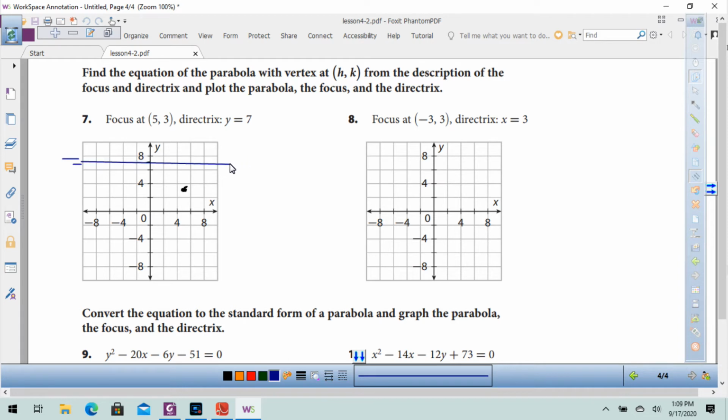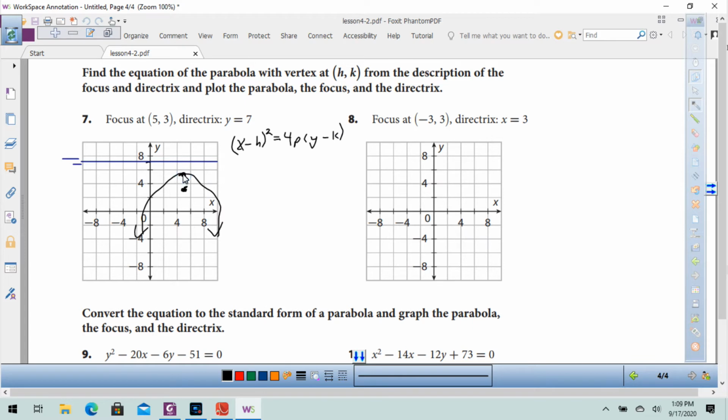So there's our directrix. Well, if this is our focus and that is our directrix, where's our vertex? Well, let's see, how far is this? 1, 2, 3, 4. So we're going to go 1, 2. Our vertex is going to be here in the middle, and it's going to open down. Which equation do we use when it opens down? We got x minus h squared equals 4p times y minus k.